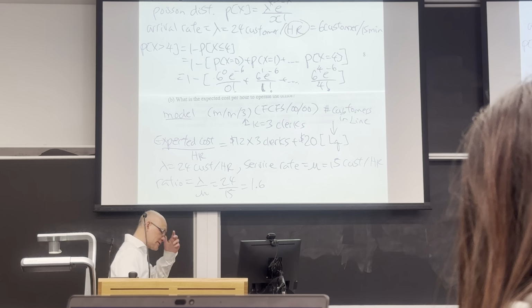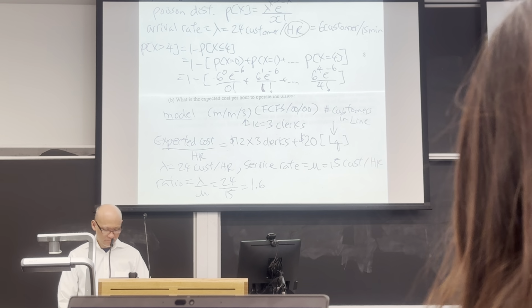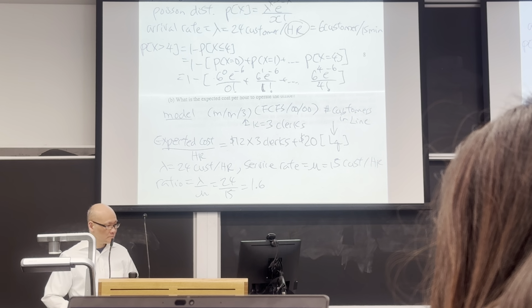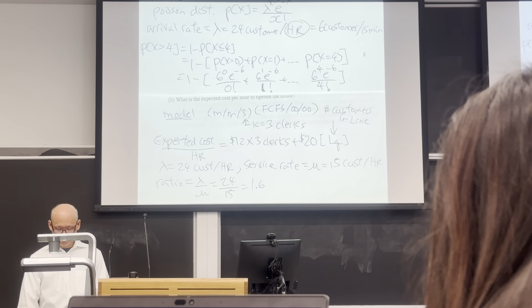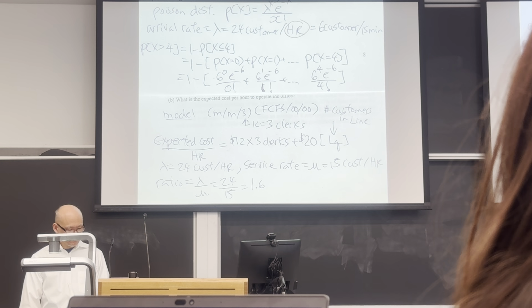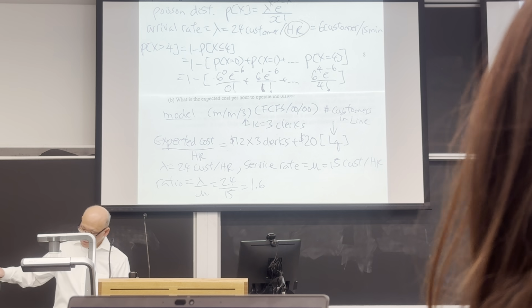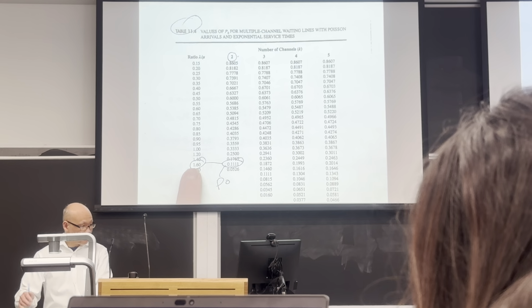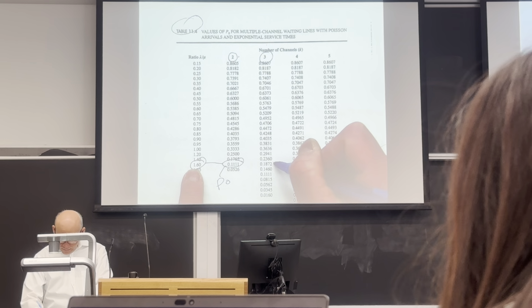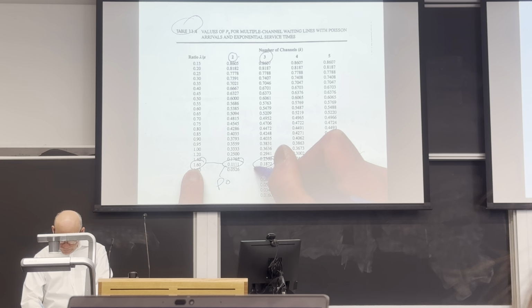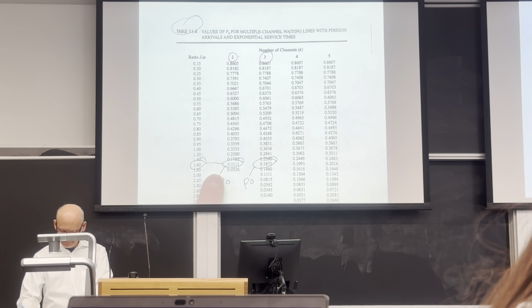It's the same 1.6, so we know it's on the table, which is good. Now instead of having 2 channels, we have 3 clerks, 3 channels. So P0 is 0.1872.